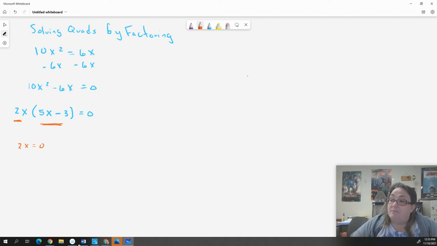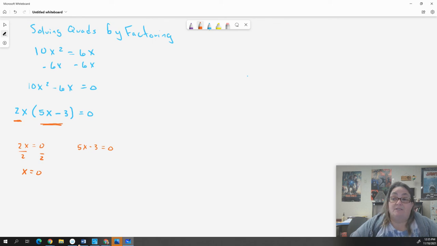So if 2x equals 0, well, we've got that one. Then we've got 5x minus 3 equals 0. And we just have to figure out what we make x so that the whole thing equals 0, right? And we do that by getting the x by itself. Here I have 2 times x equals 0. I'm just going to divide both sides by 2, and I get x equals 0. Which makes sense because we're saying 2 times x.